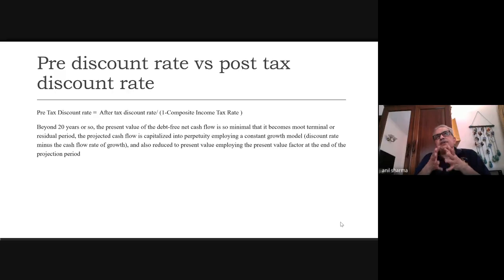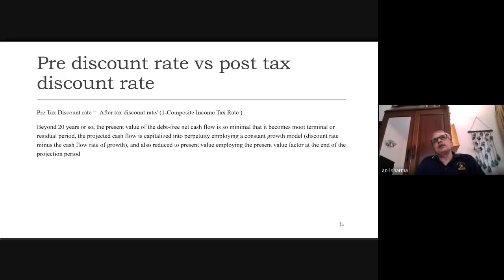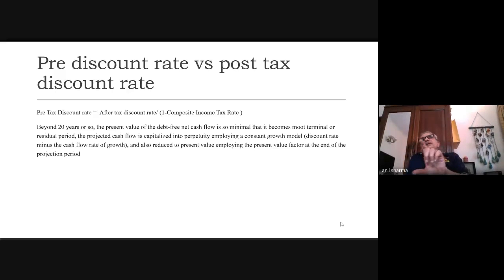So you take it for the first 10 years, but then you take a certain constant rate of growth after that, a cash flow with a certain rate of growth, and you compute the terminal value of that. Similar to the two-stage model that I had explained to you earlier, there are discrete cash flows for 10 years, and then there is a constant rate of growth period for which you calculate the terminal cash flow value.